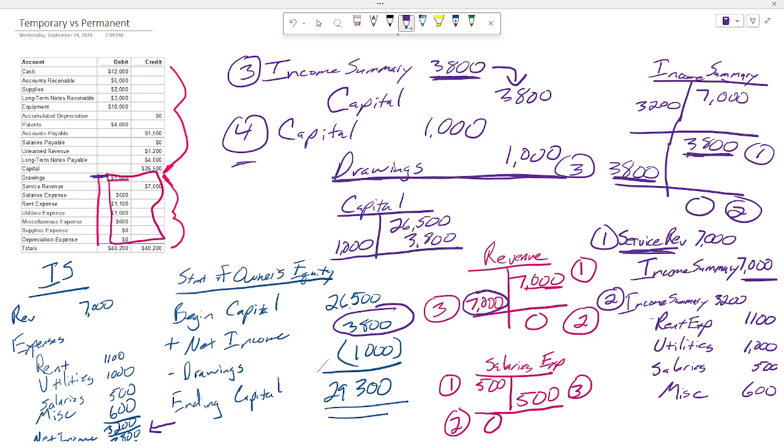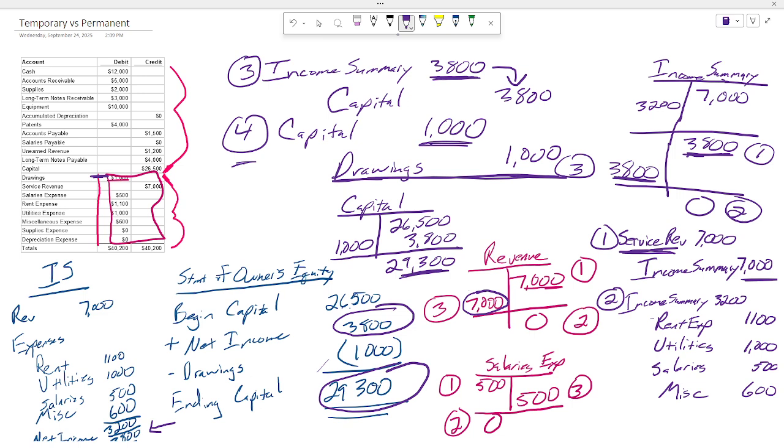So we debited the capital account $1,000 right here. All right, so what now is the balance in the capital account? Well, if I add all of this up, I should end up with a credit balance of $29,300. Have we seen that number before? We certainly have. It's right here. It's the ending capital account on the statement of owner's equity.